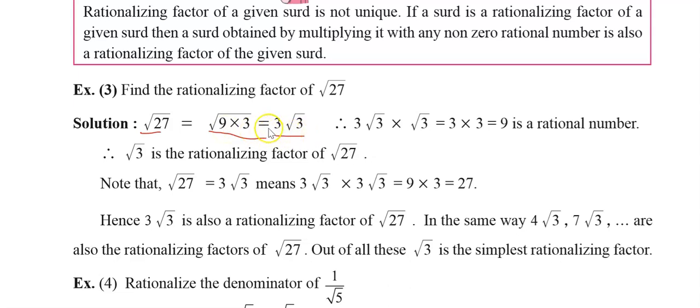Now if we multiply 3 root 3 by root 3, then we get 3 into 3, which is 9, which is a rational number. Therefore, root 3 is a rationalizing factor of root of 27. Therefore, we want to simplify this and write it in the simplest form.